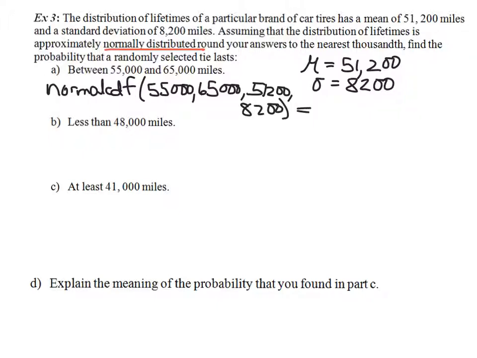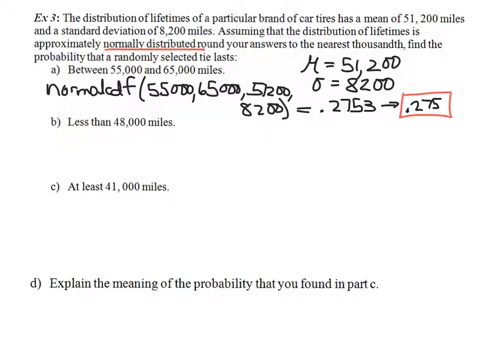So this answer turned out to be 0.2753, and we want this to the nearest thousandth, so we're just going to leave this as a decimal, 0.275 for our answer on that one.